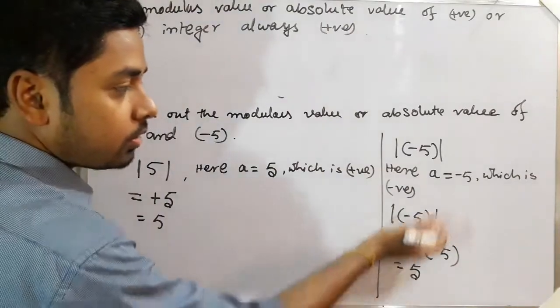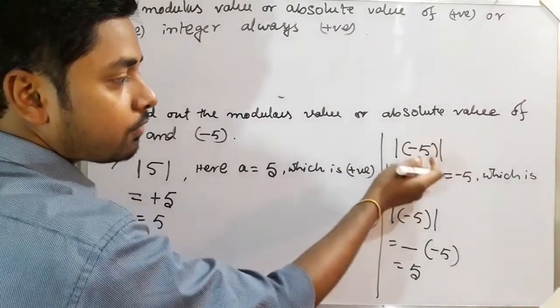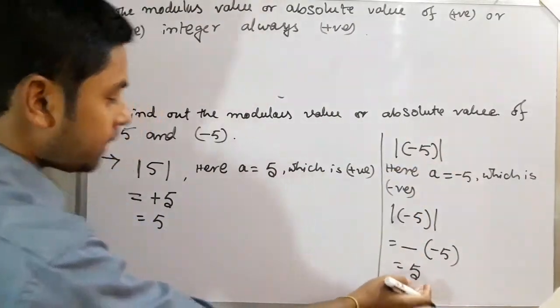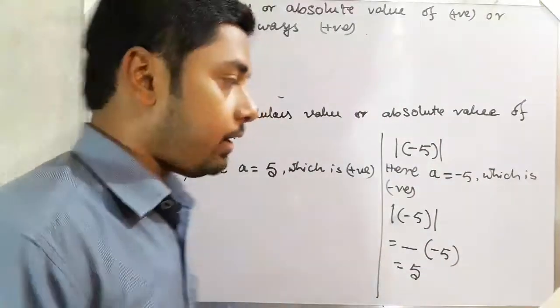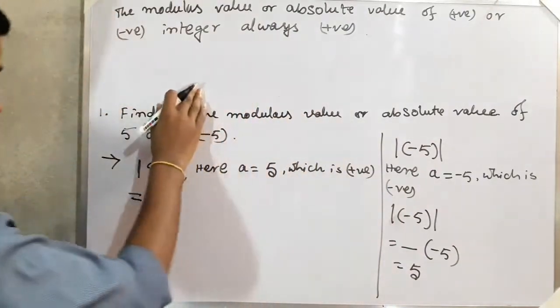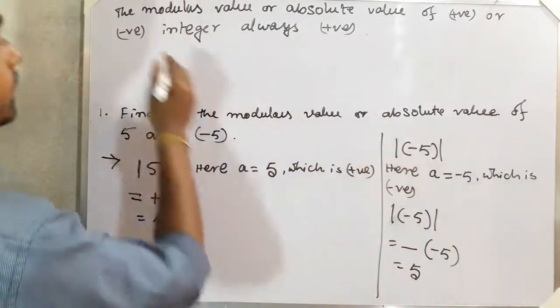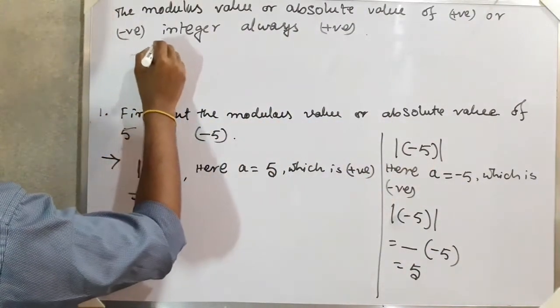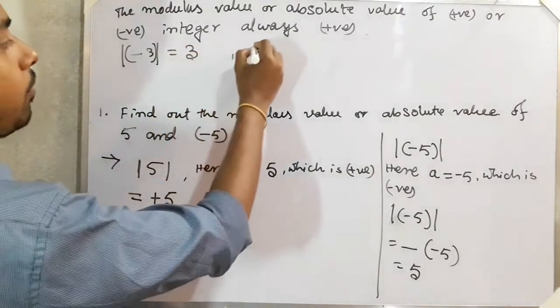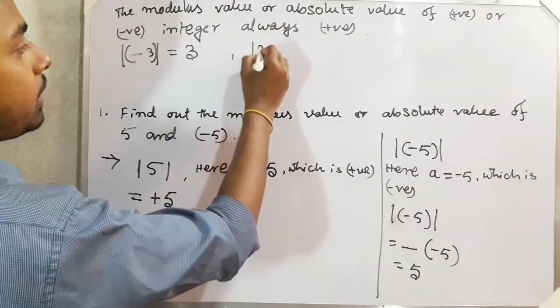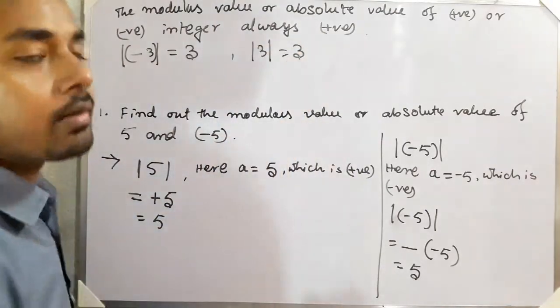Here we have got now value of modulus of negative integer also will get positive, and value of positive integer will get also positive, and we can directly write, suppose minus 3, mod of minus 3, directly we can write it is 3, mod of 3 is equals to 3.